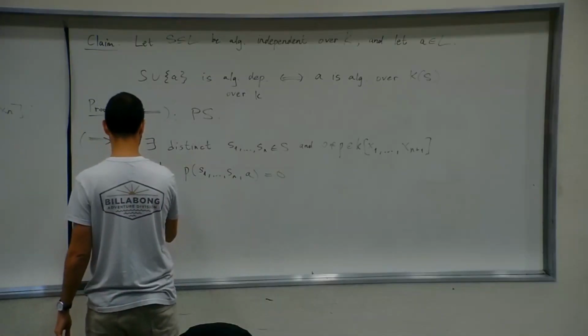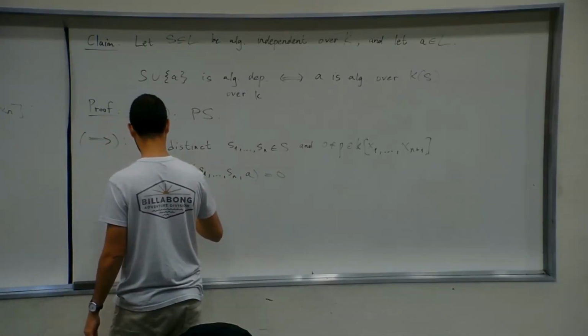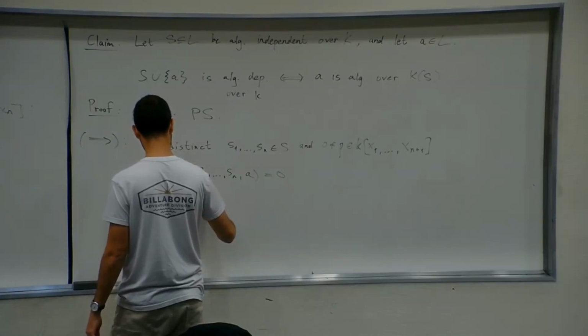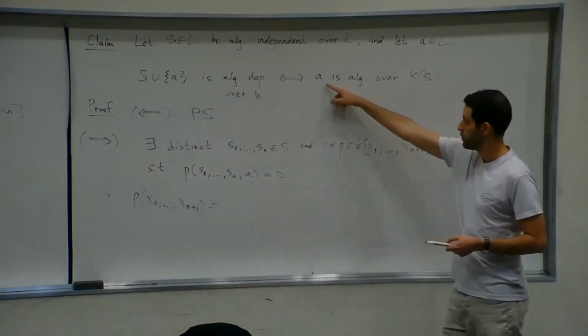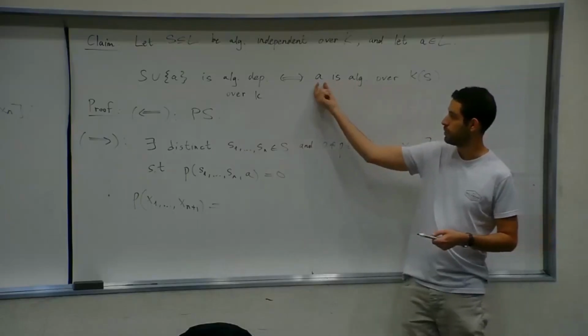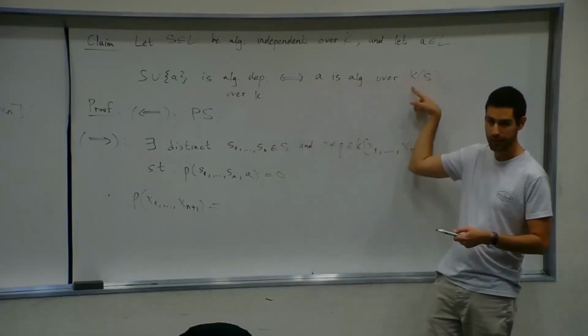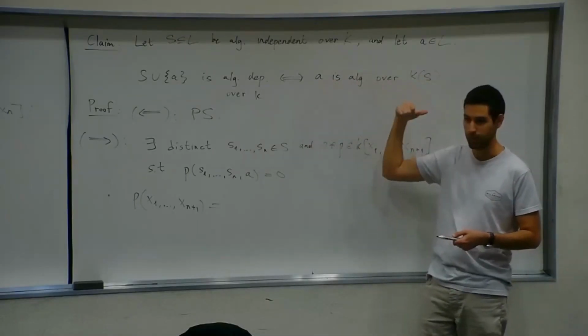Then I write P in terms of x1 to xn+1. In order to show that A is algebraic over K(S), we want to find a polynomial with coefficients in K(S) that has A as a root.